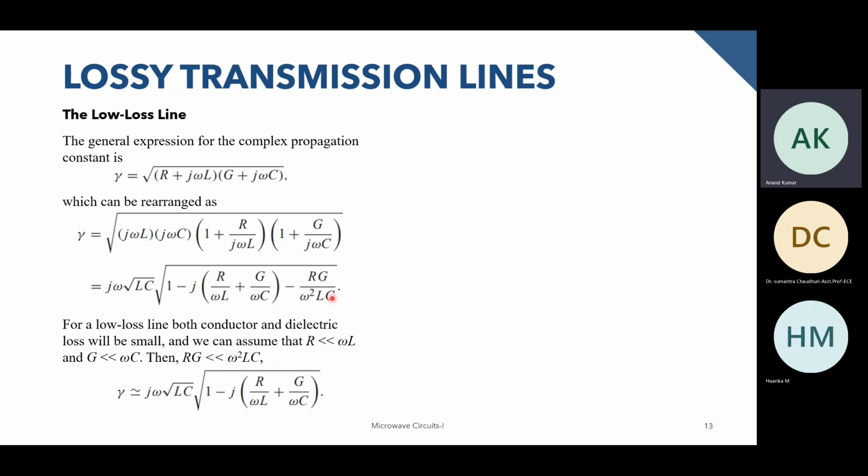Using this approximation, we can remove this term over here, since it will be much smaller than one, and we end up with a propagation constant looking something like this.